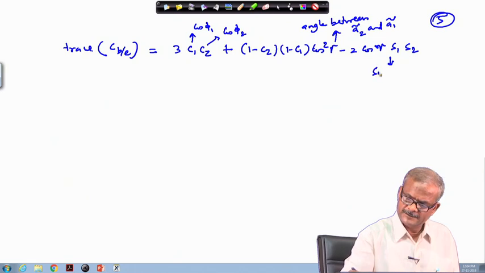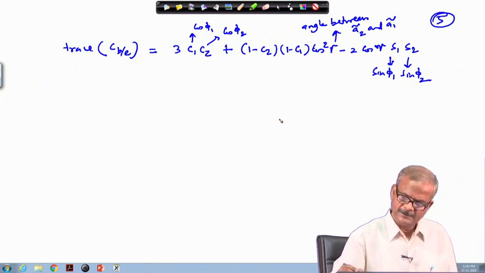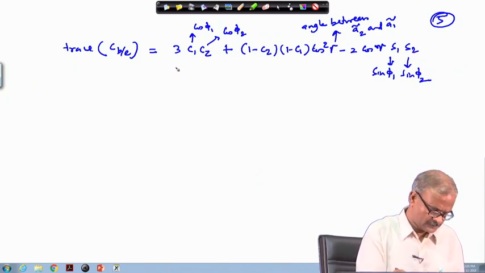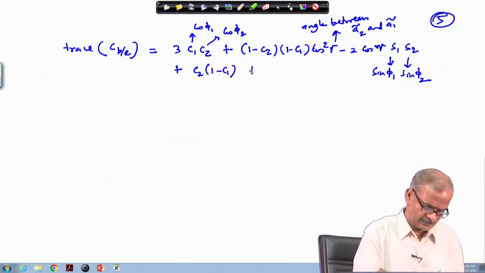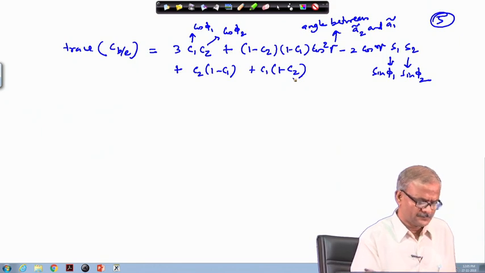Similarly, this is sin phi 1 and this is sin phi 2. And lastly, we have two other terms, plus C 2 times 1 minus C 1, C 1 times 1 minus C 2. This can be further simplified.